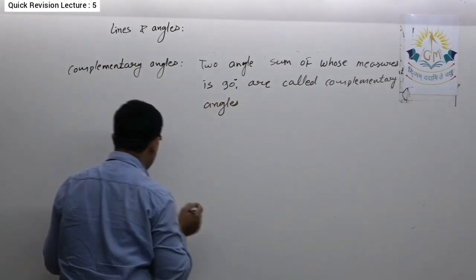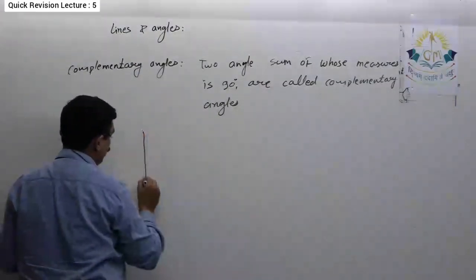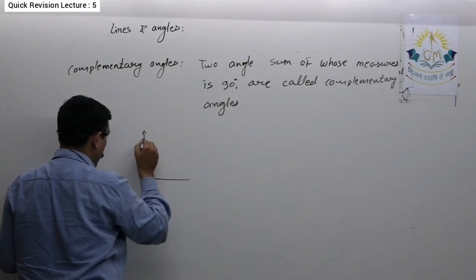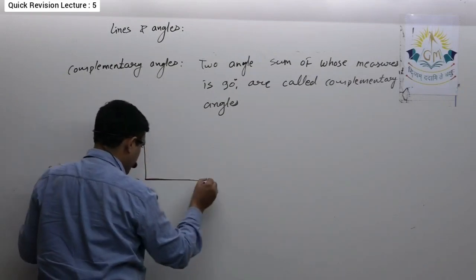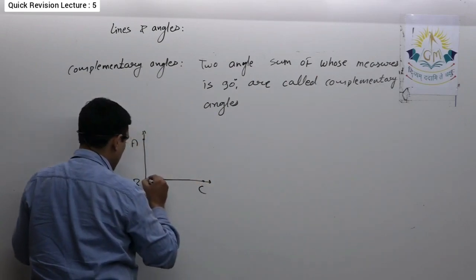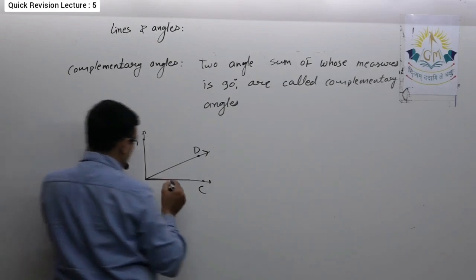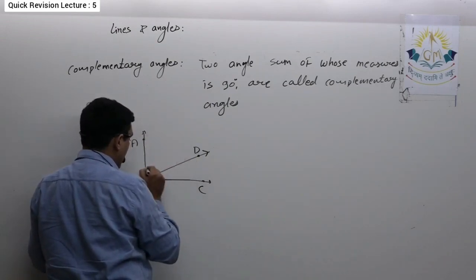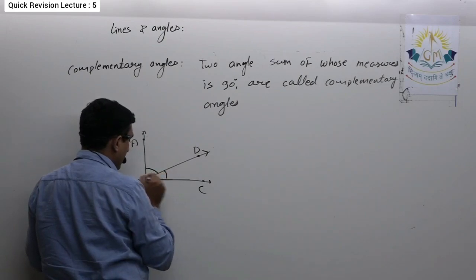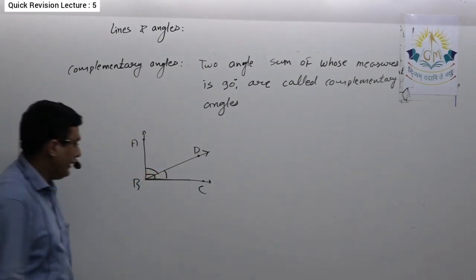For example, if I draw a diagram in this way, angle ABD and angle DBC, and the sum of this and this is 90, then I will say these two angles are complementary angles.